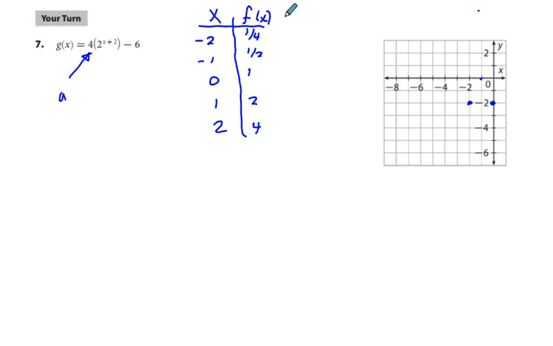And what we would do here, for g of x, we would multiply this by 4. So this would be 1. 1/2 times 4 would be 2. 1 times 4 would be 4. 2 times 4 would be 8. 4 times 4 would be 16.